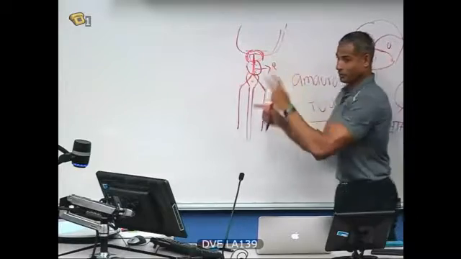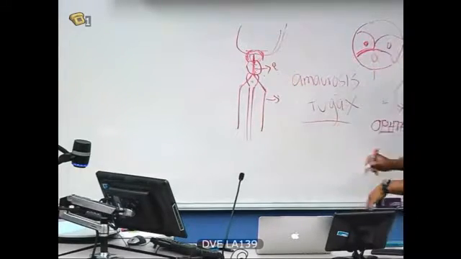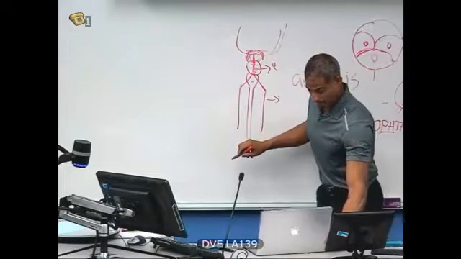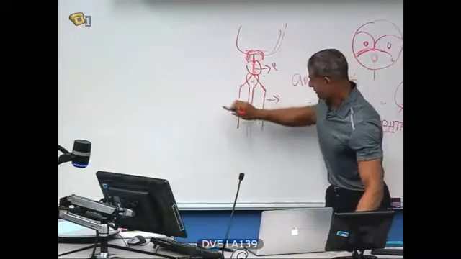They're going to give off two big branches now, and that's where the circle of Willis begins. The first branch is the ophthalmic artery.